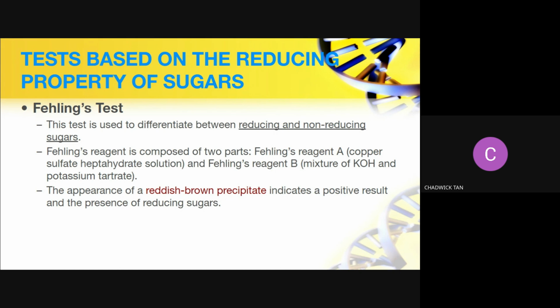Tapos yung B is made up of potassium hydroxide and potassium tartrate. So pag minix mo yon and then you add 4 ml of distilled water, so you should have a reddish brown precipitate. So this indicates the presence of reducing sugars.